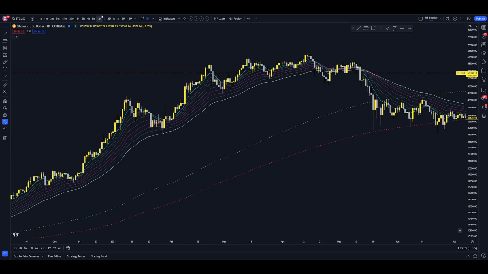I'm on the daily time frame right now. So right here, if you look all the way over to the right, we can see our active price. So here the active is $25,403, meaning the average price from this candle and the last 200 all added together divided by 200 is 25,400.